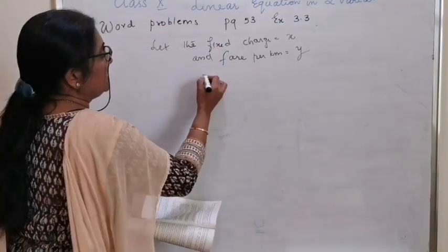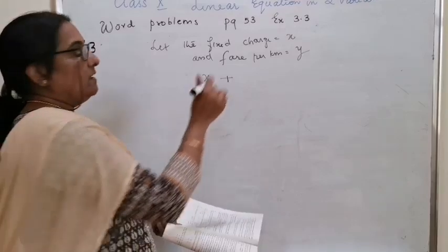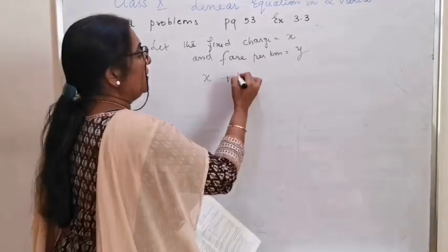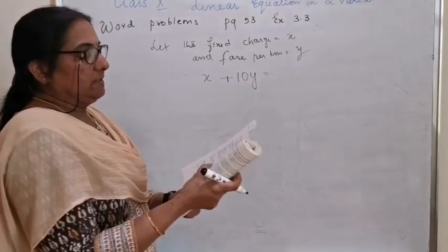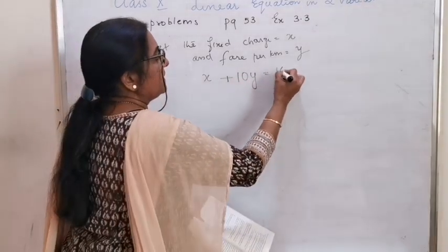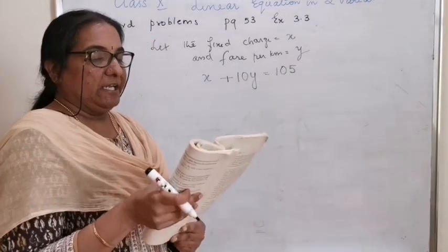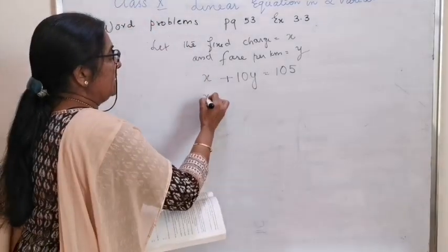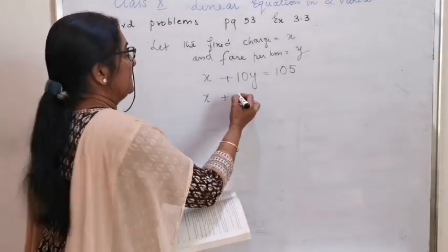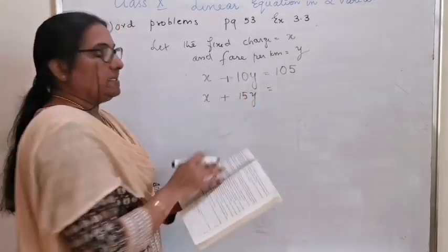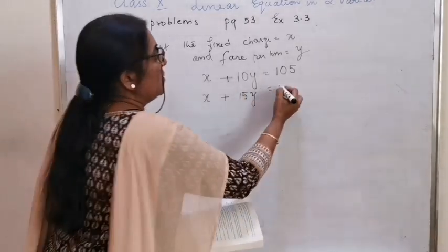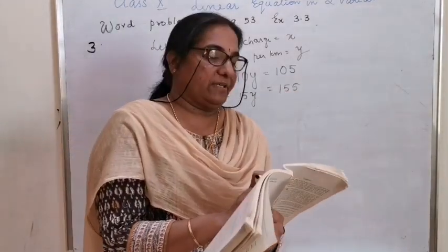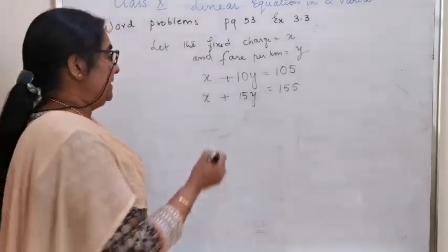That is the fixed charge plus, for 1 kilometer, it is y. Therefore, for 10 kilometer, it is 10y, and the total amount to be paid is 105. Similarly, for a journey of 15 kilometer, that is a fixed charge plus charge for 15 kilometer, 15y, the total is 155.